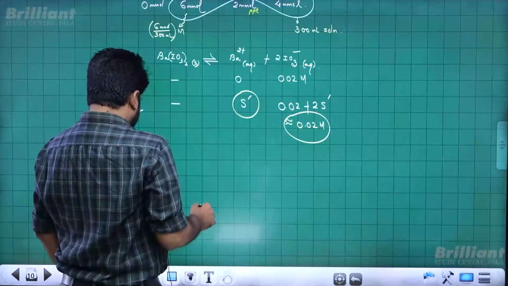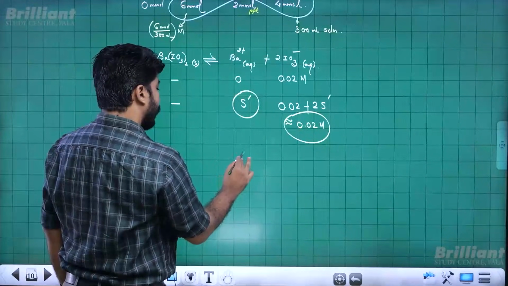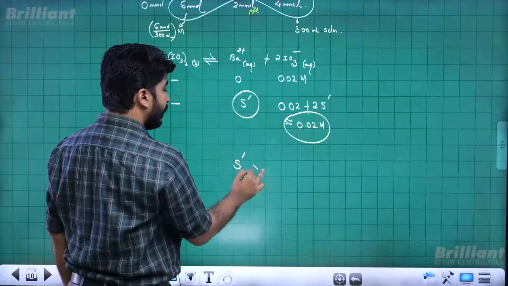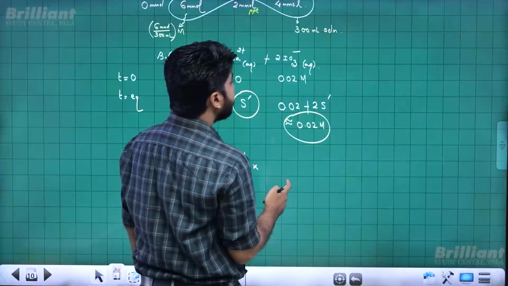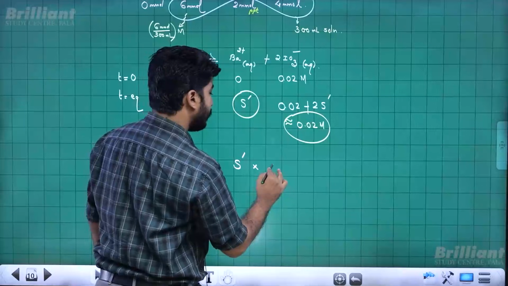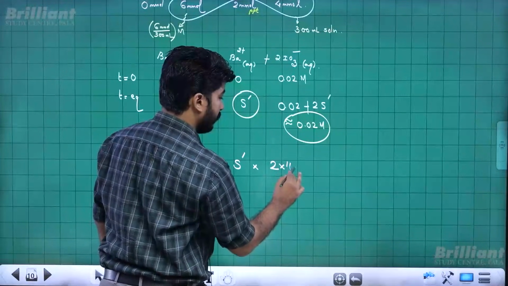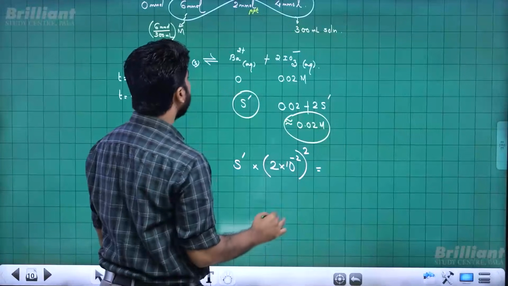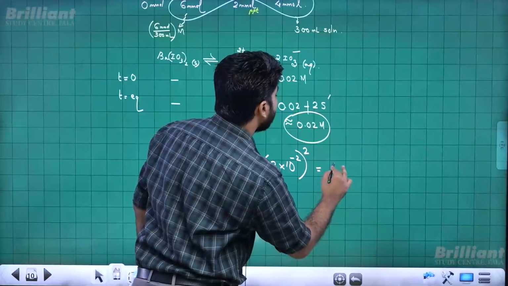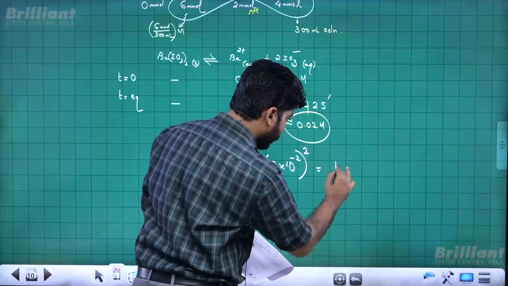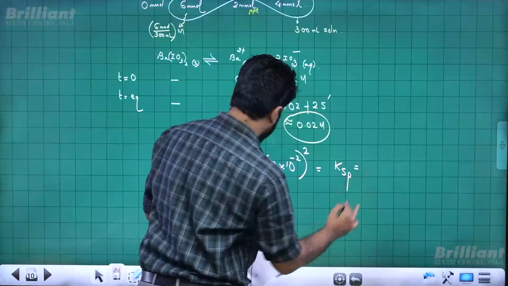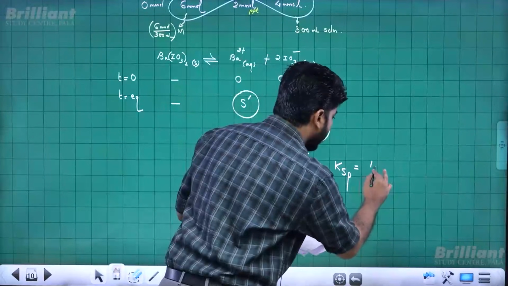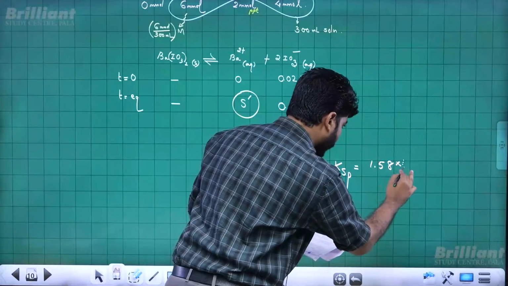Okay, so we know the law of chemical equilibrium is valid here, and it says the equilibrium concentration of barium ion times the equilibrium concentration of iodate ion squared is equal to the Ksp of barium iodate, which is 1.58 times 10 raised to minus 9.